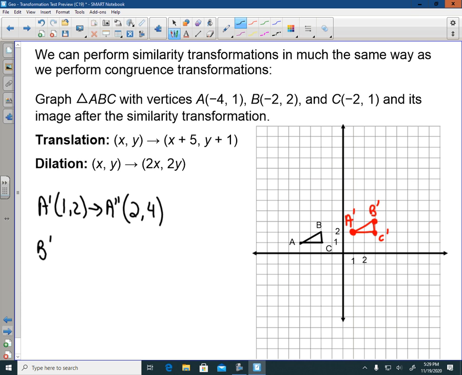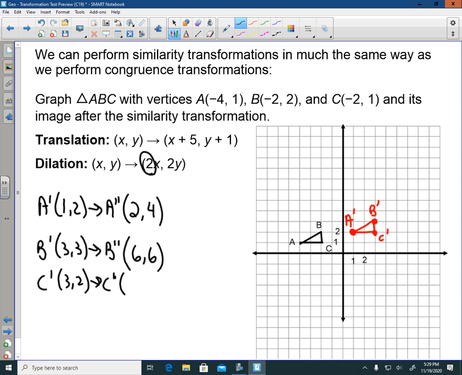B prime lives at 3, 3, and to get B double prime, we just have to multiply by the scale factor 2. And so we have 6, 6. And then C prime lives at 3, 2, and to get C double prime, we multiply each of those by 2, and we get 6, 4.